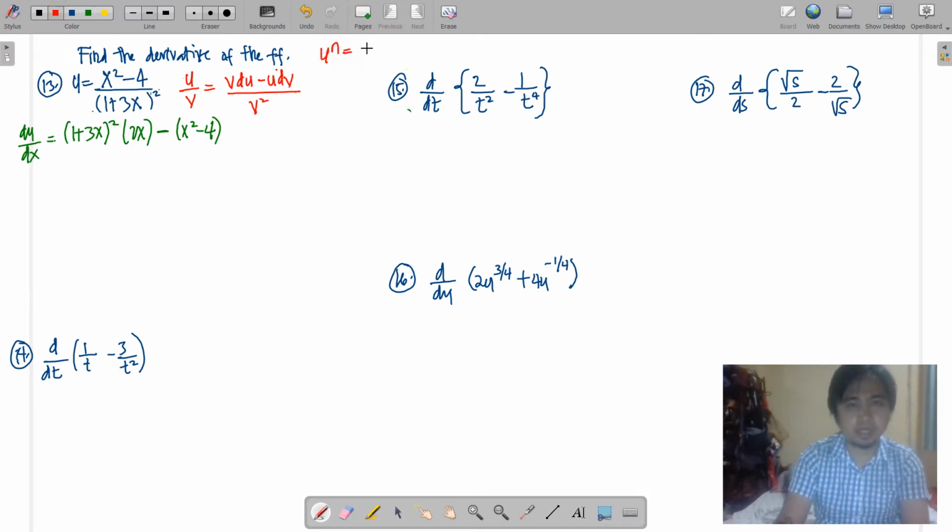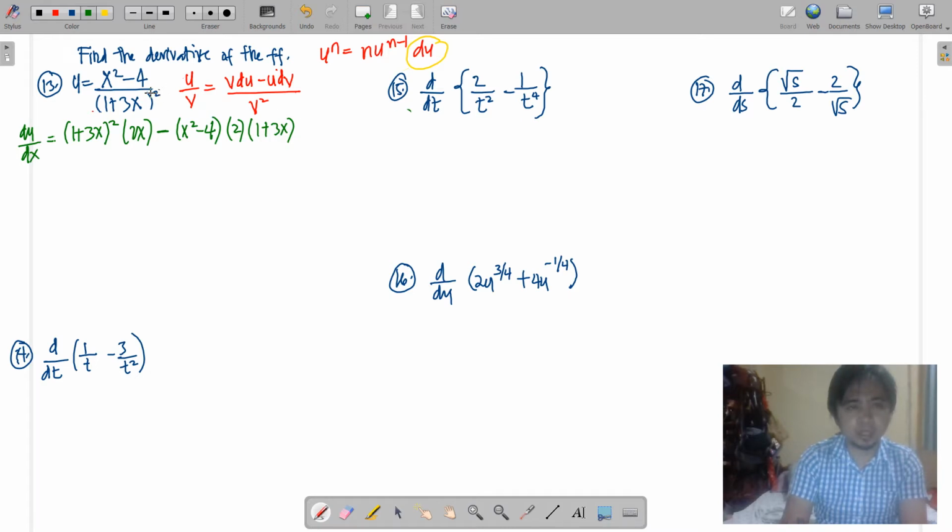Let me reiterate that the rule here is n u raised to n minus 1, with a du at the end. So we bring down 2 as its exponent and just copy the expression 1 plus 3x.